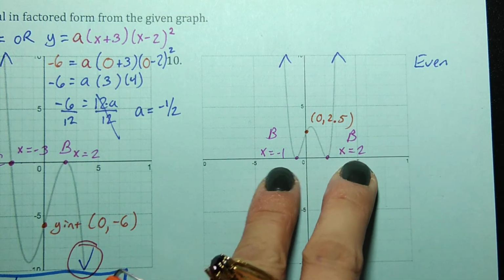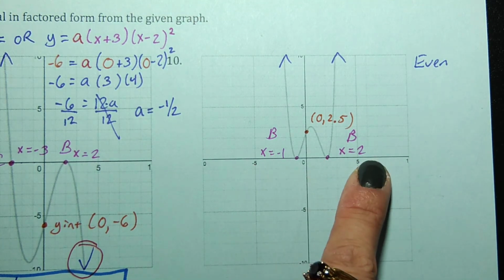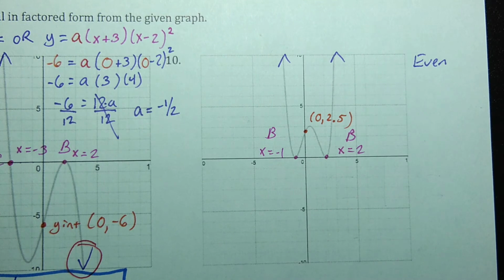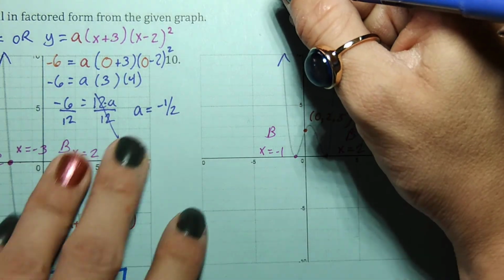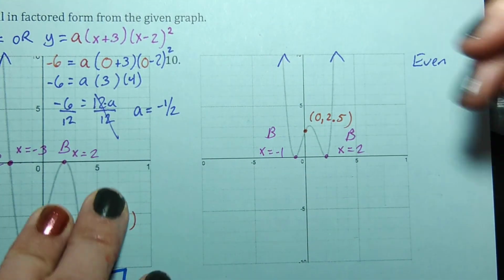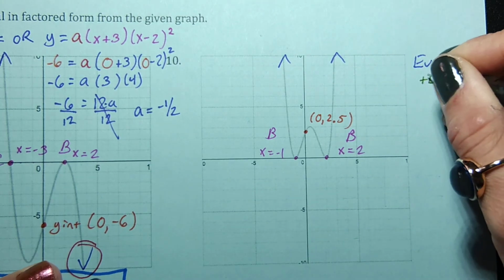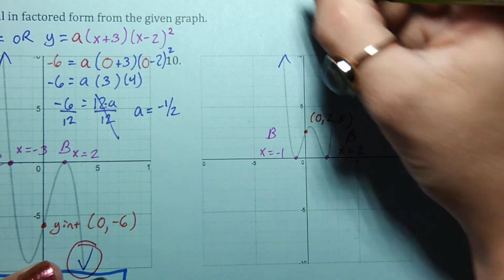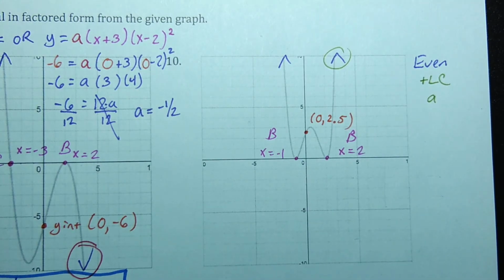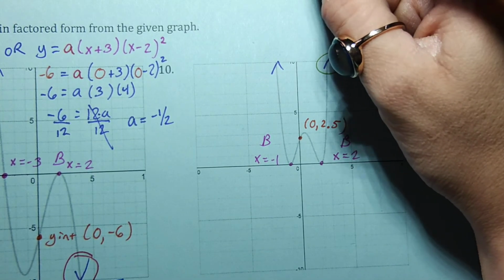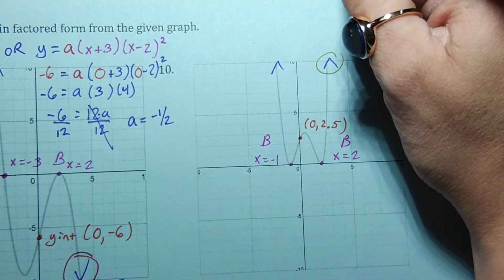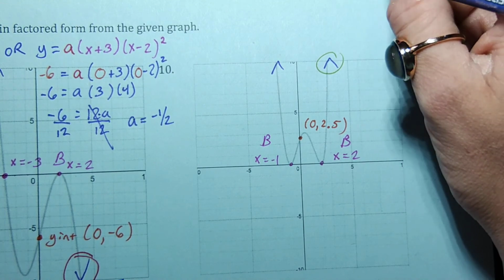We have two x-intercepts, one at negative 1, one at 2. Both of those are bounces. So our equation is currently looking like this. I'm going to start this one up here. Y equals positive a value times x plus 1 squared, x minus 2 squared.